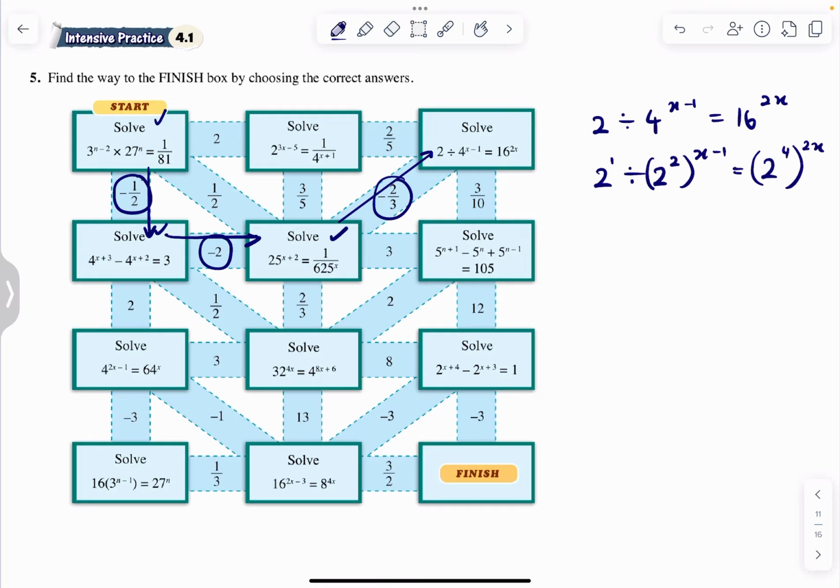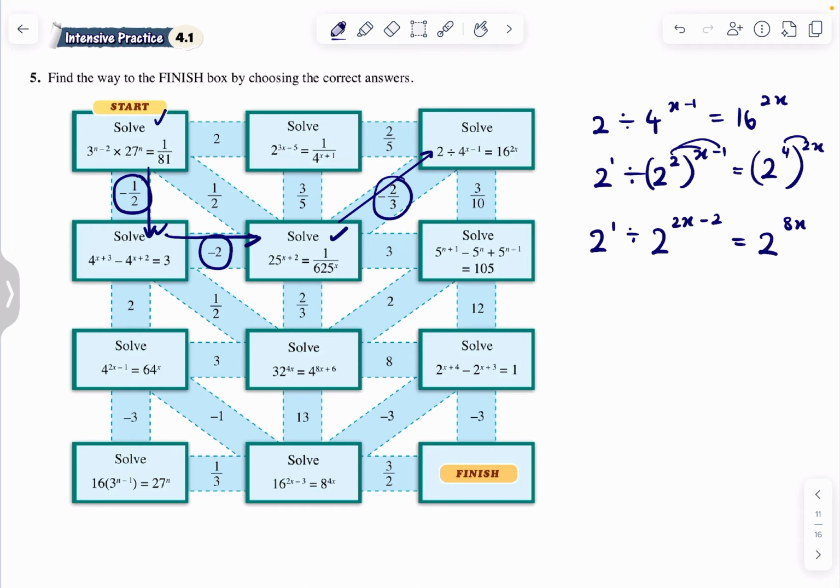This is 2 power 1. So since we have divide, the powers will become minus. So let's just expand this first. We expand this so that we don't make mistake. 2x minus 2. Then we expand this. This will be 2 power 8x.